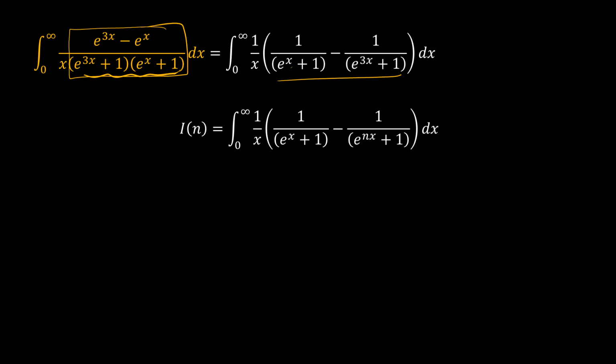And this is a general form for which there is an instance when n equals 3 that applies to our question. We're going to now use the Leibniz Integral Rule.